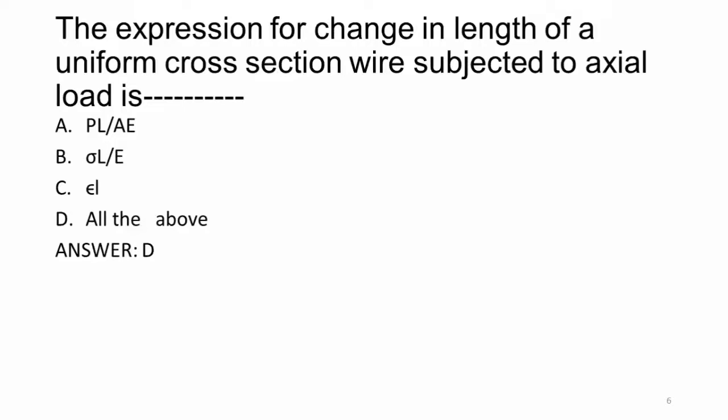PL upon AE is stress into length upon E, then sigma L upon E is again stress into length upon E. Then the third option is epsilon into L. So all answers are correct.